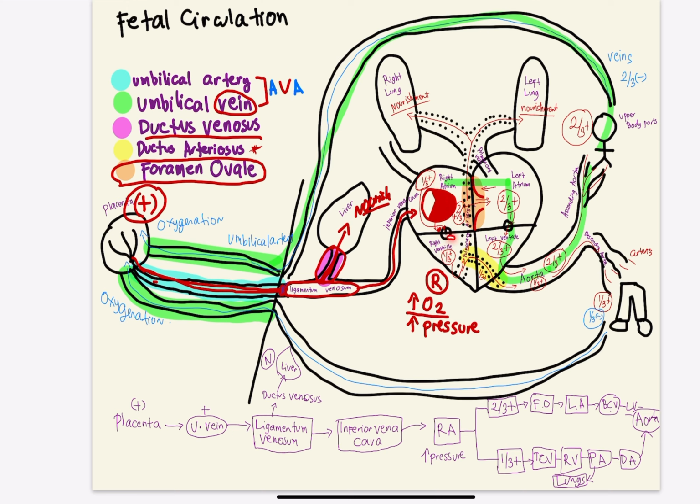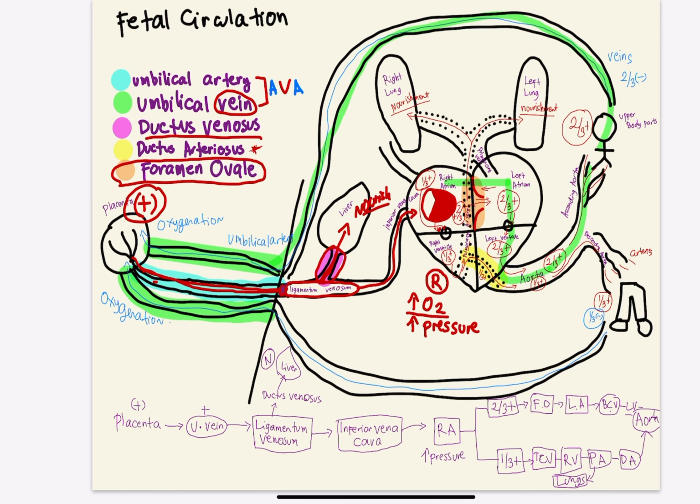And then some of them will go to the pulmonary artery, which will now nourish both left and right lungs. Pero, yung iba, pupunta po dito sa Ductus Arteriosus, which will now connect it to the aorta. So, from the pulmonary artery, dadaan sila sa Ductus Arteriosus, papunta sa aorta, and then they will now be distributed to the descending aorta to the different parts of the body.